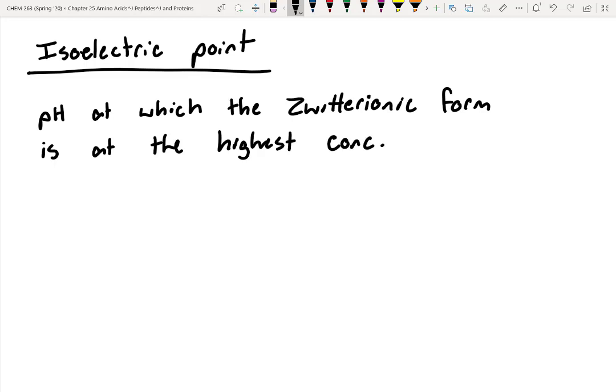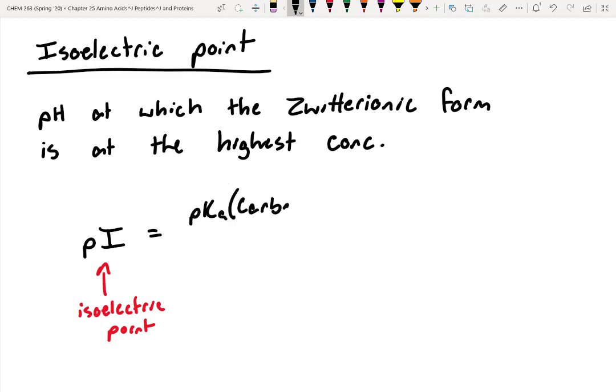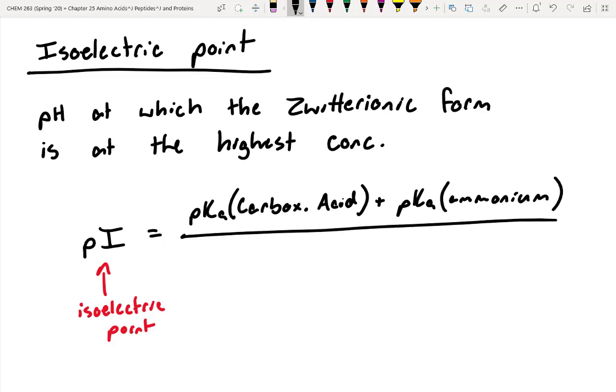However, it's kind of nice if you already know the pKa values from the table I showed you above. You can calculate this isoelectric point, which is abbreviated pI. You calculate it by first taking the pKa of your carboxylic acid for a specific amino acid, adding that to the pKa of your ammonium ion, and dividing this by 2.